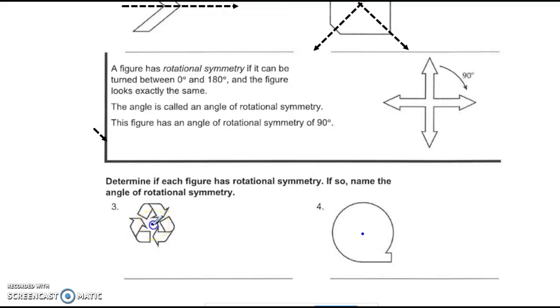I'm going to draw a segment from the center to the tip of that, right there.